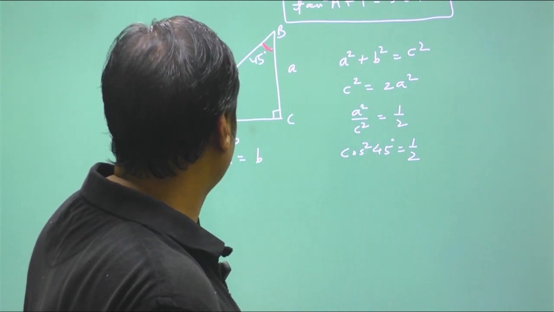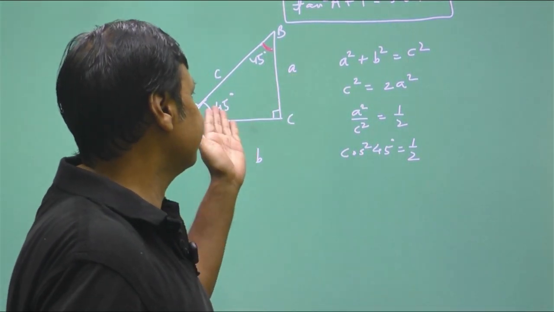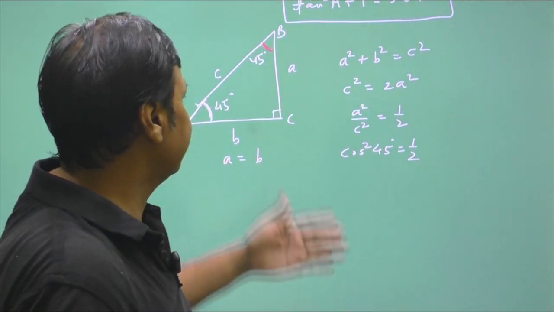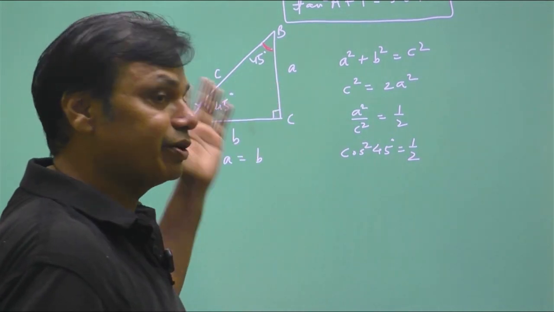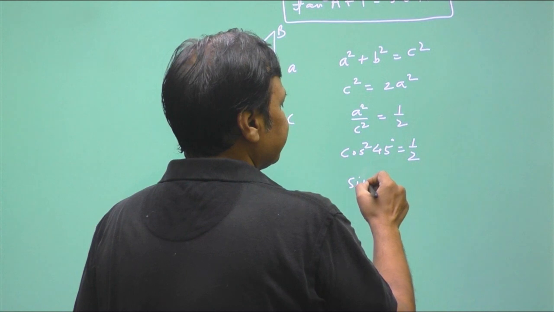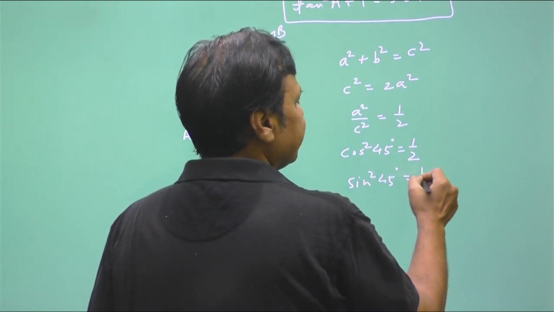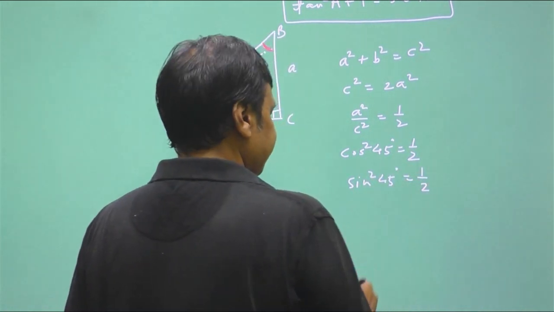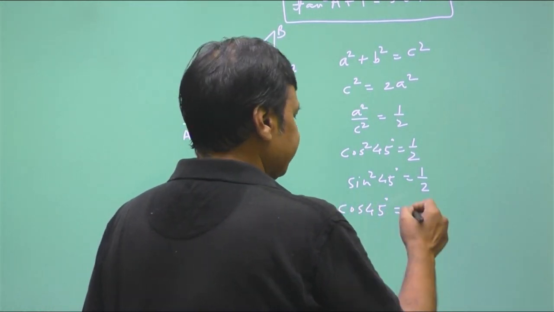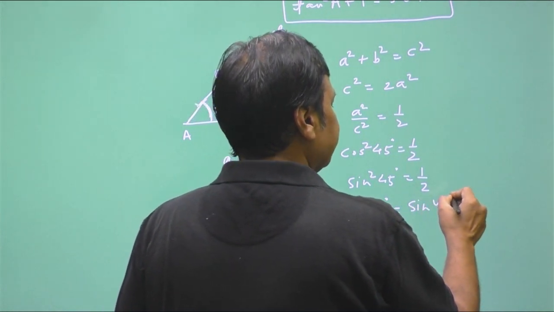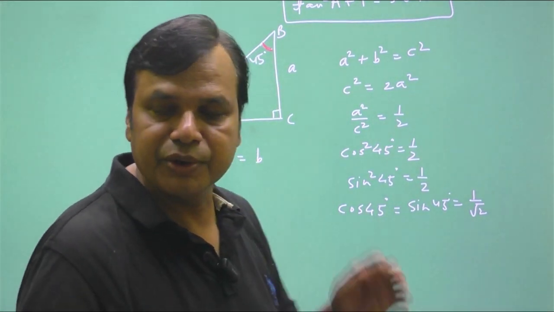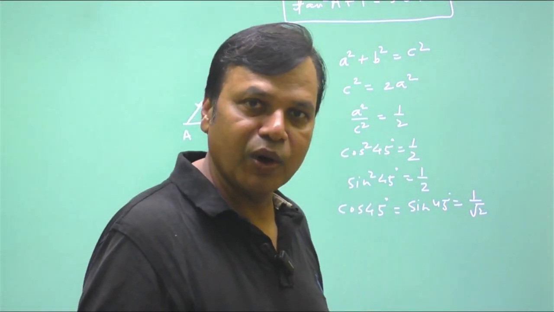And if you take this other angle, this becomes the perpendicular and this is the hypotenuse. Perpendicular by hypotenuse is sine, so you can write A by C as sine square 45 degree, which is also equal to 1 by 2. That means cos 45 degree and sine 45 degree are both equal to 1 upon root 2. And that means tan 45 degree and cot 45 degree become 1.